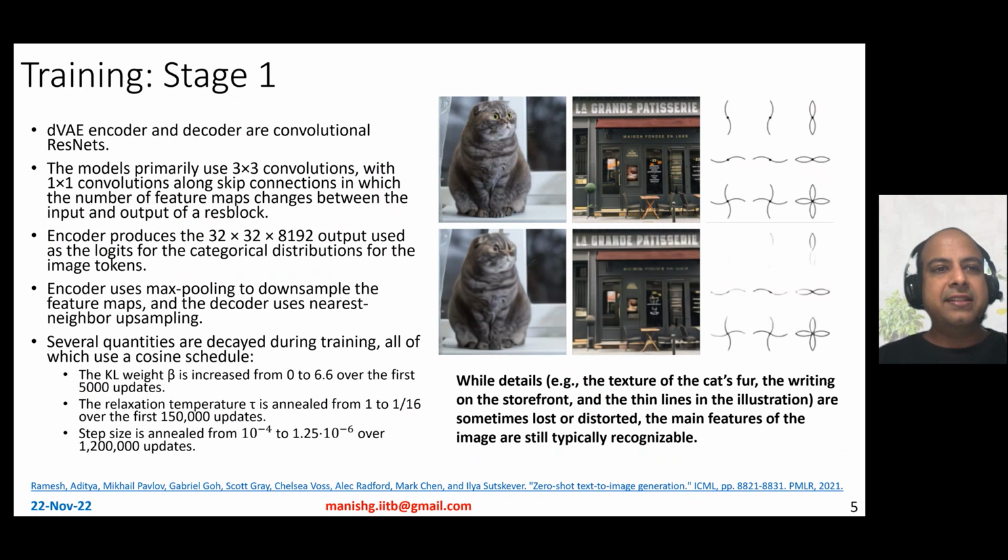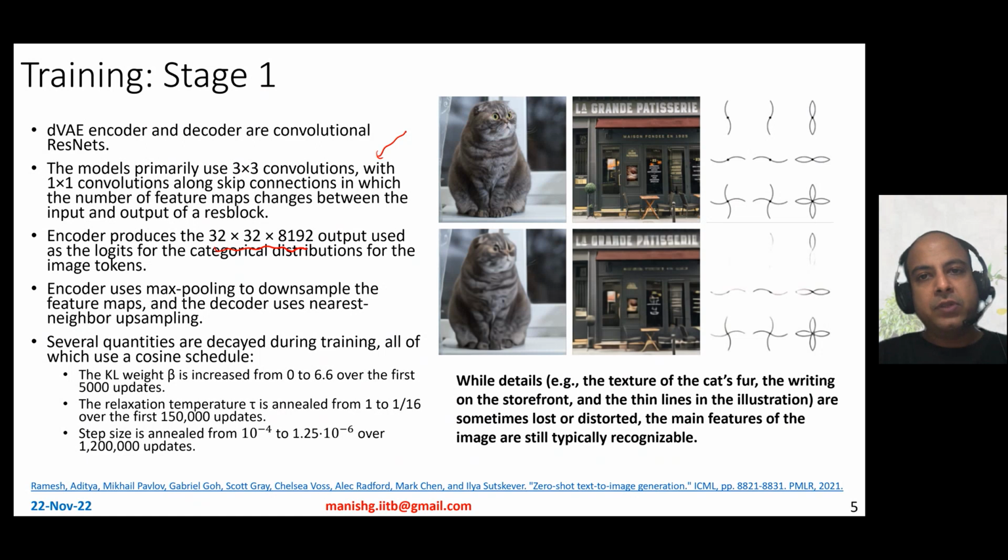Now, more details. The discrete VAE in this particular case uses convolutional neural networks, particularly ResNets. ResNets typically have 3x3 or 1x1 convolutions, right? The encoder produces 32 cross 32 by 8192 outputs, as we discussed in the previous slide, which are used as logits for the categorical distributions for the image tokens.